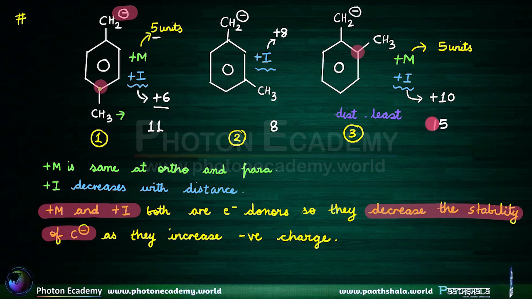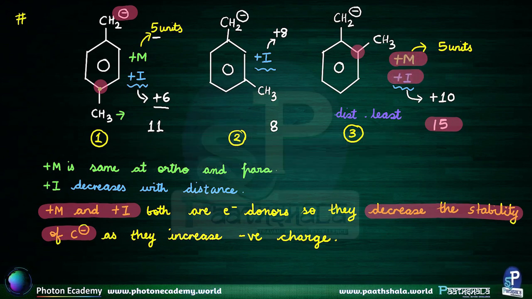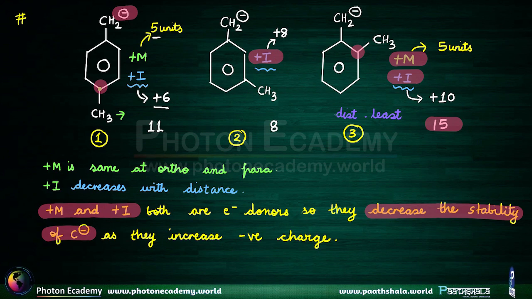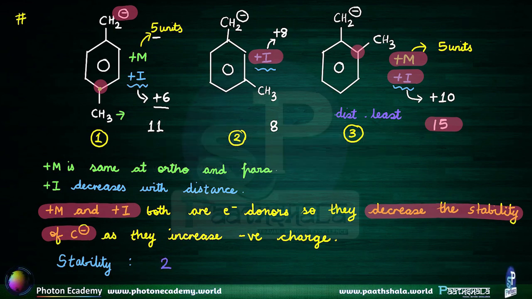It has both the plus M and the plus I effect, and the plus I is the nearest to it. The second one doesn't have a plus M effect, so it is giving less electron donation to the carbanion and therefore becomes the most stable out of all of them. So if I'm writing the stability order, the second one is already winning the race because it has no plus M effect.